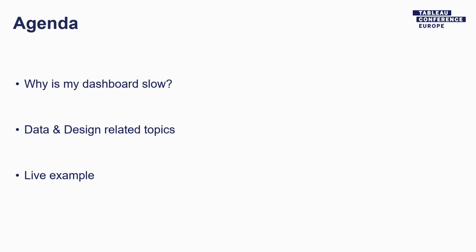Then we'll jump into the main content for today, which is first about data-related topics, so how can data play into performance, and then also what can we do in terms of designing a dashboard that can make our performance go down. Then we'll end in a live example so you can experience those tricks firsthand. And we have, as we said, some time for Q&A, and also want to give you some notes at the very end on how you can continue your journey to become a performance Jedi.